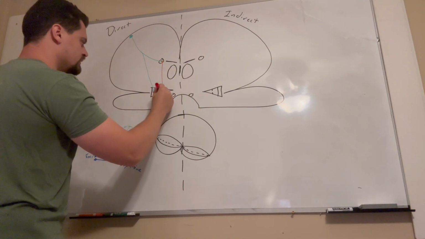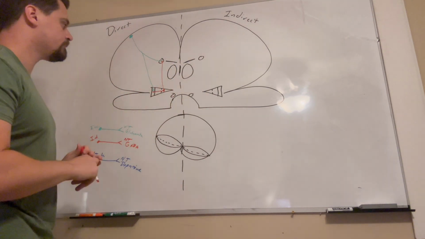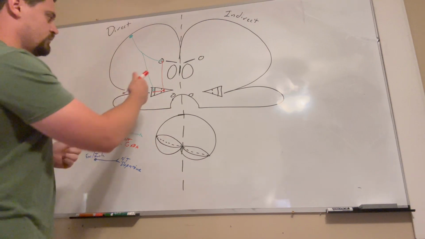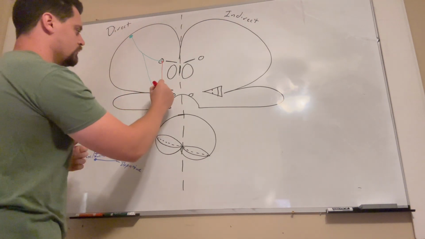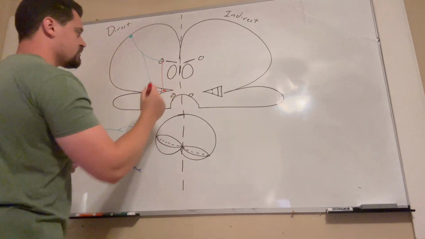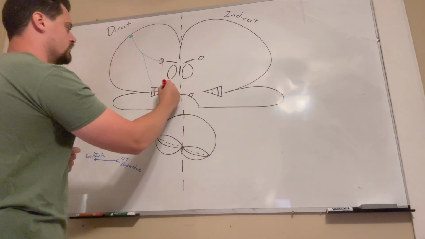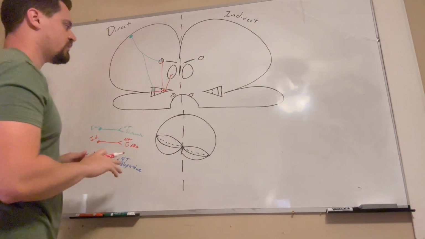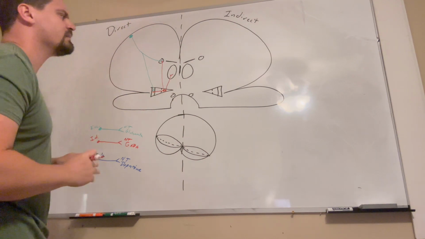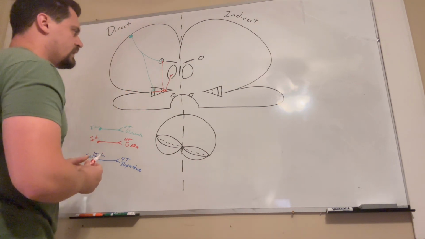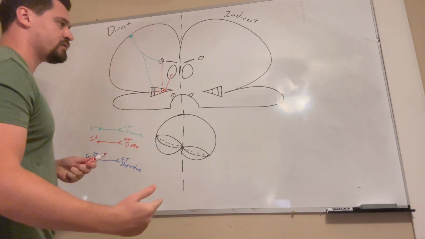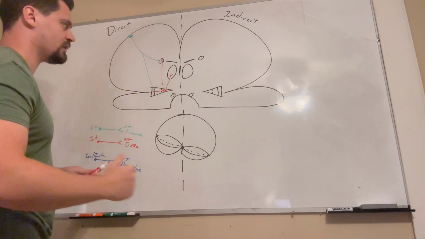And then it's going to go to the globus pallidus internus, so the more internal part of the globus pallidus. It's going to synapse with another inhibitory neuron, and then it's going to go to the thalamus. But you're like, okay, there's like a million different nuclei in the thalamus. Which ones is it? It is going to be the ventral anterior and the ventral lateral nuclei of the thalamus.